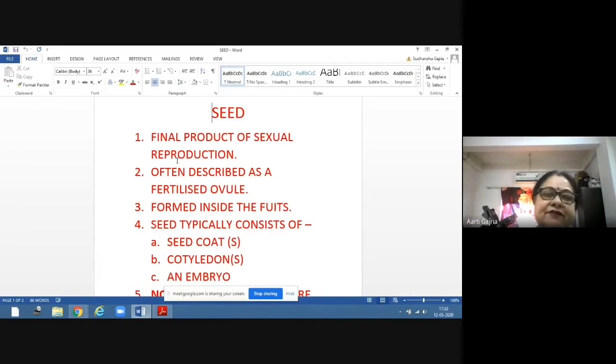Yes, because the female gamete is present in the ovule, that is egg, and the egg is fertilized inside the embryo sac, and after fertilization, the zygote is also developing inside the ovule, and ovule is getting converted into seed. That's why the seed is often described as fertilized ovule.